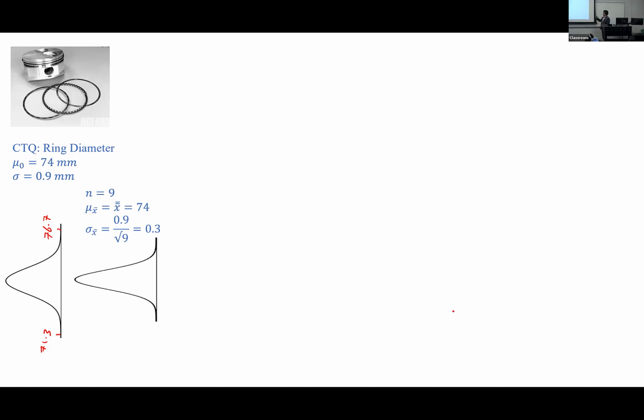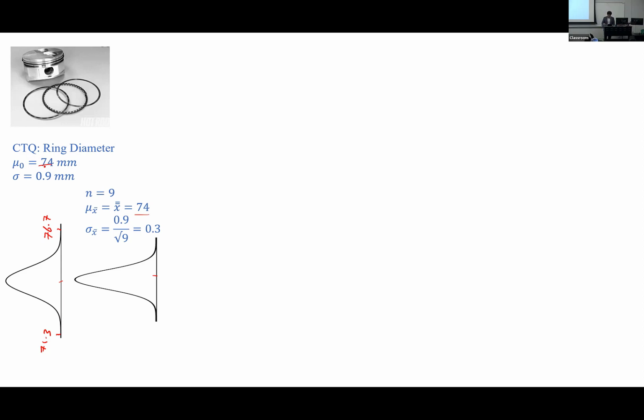So this is the distribution of the averages. They're still going to have a mean of 74, it's the same. But standard deviation, as we learned, is going to be the standard deviation of the population divided by square root of sample size. So square root of 9 is 3, and then the actual sigma is going to be 3.